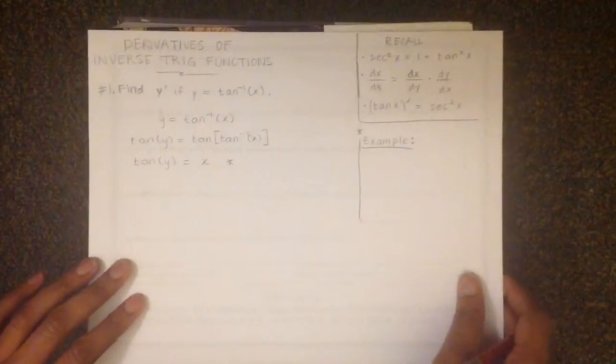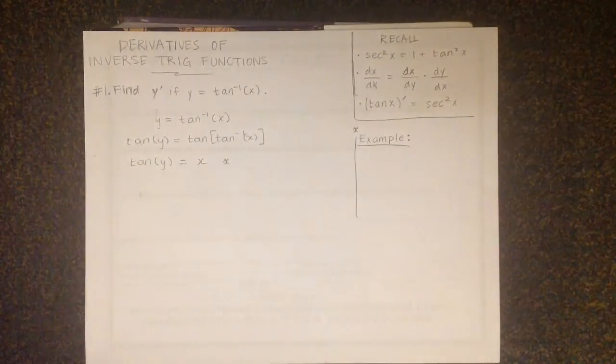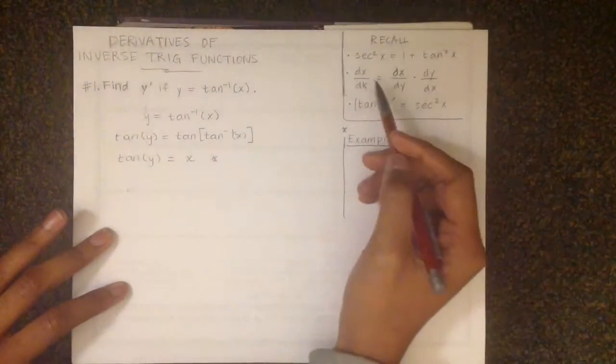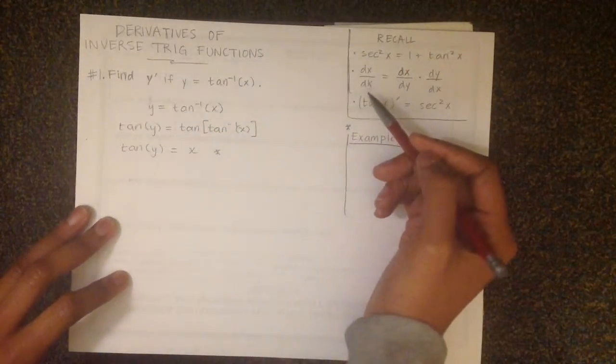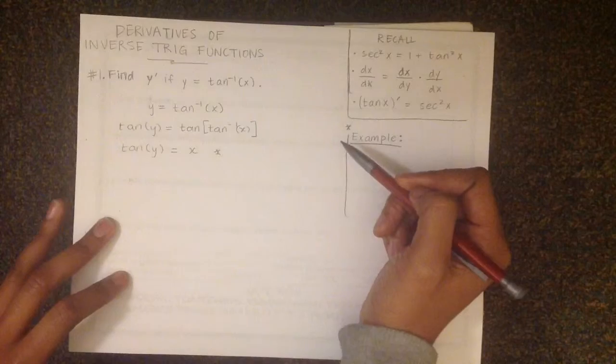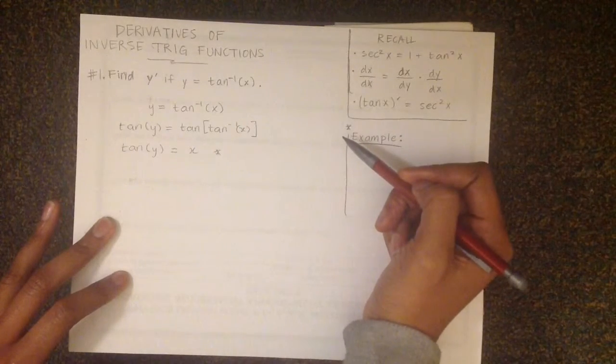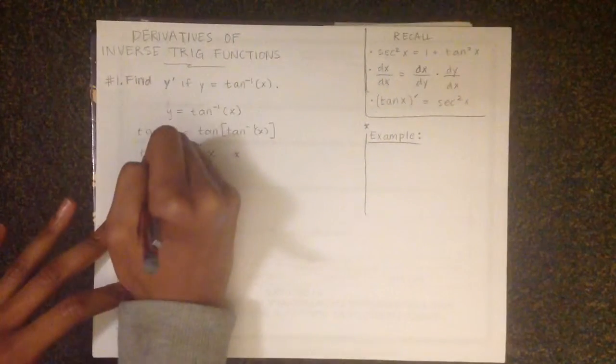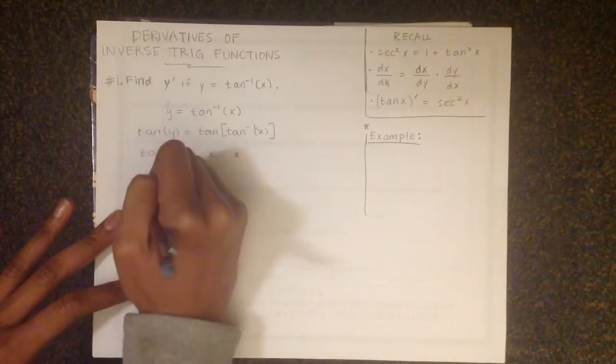And we're going to have to recall some things that we may have learned in calculus earlier, or something that we may have learned in trigonometry. And one of those things is this: dx by dx is equal to dx by dy times dy by dx. So we're going to write that down right here.